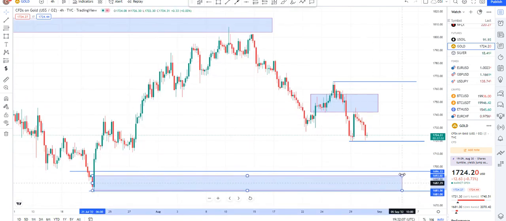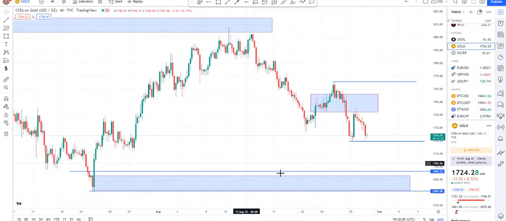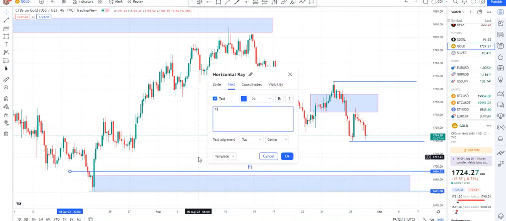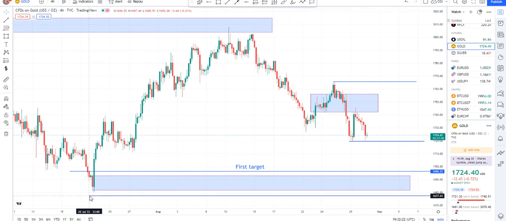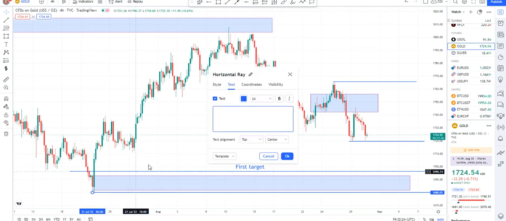This place might be a tough area for us to get by. So we can now mark this area as the first target. And this one, we'll adjust it to be at the bottom. That will be our final target.